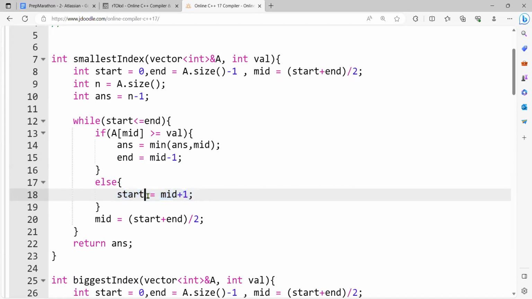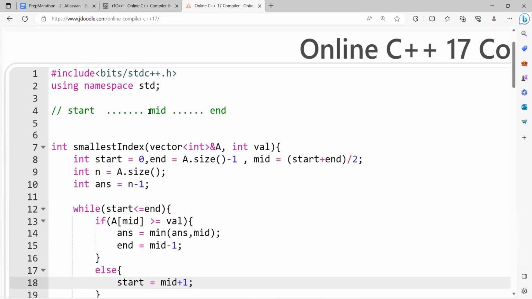Okay, if the middle value is not able to satisfy this condition, my array is sorted, so the current value is not greater or equal. In this case, what I need to say is, if my middle value is not greater or equal to the current value, it means all values to the left of it are also going to be smaller than mid. So they will also not satisfy the condition.